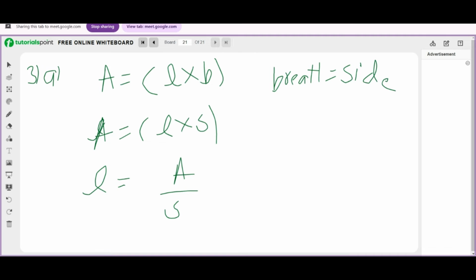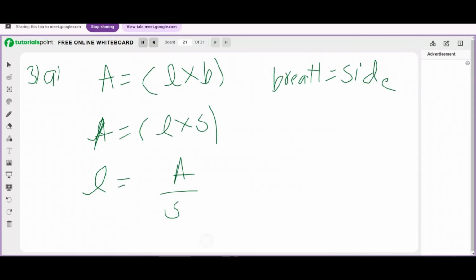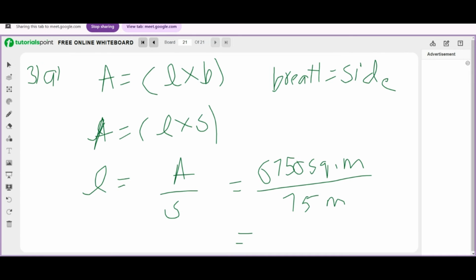Side is given, Aryan. Look at the question, the side is given. Now I have to put the area. Area is 6,750 square meters. And then side is 75 meters. Now by multiplying both of them, answer.